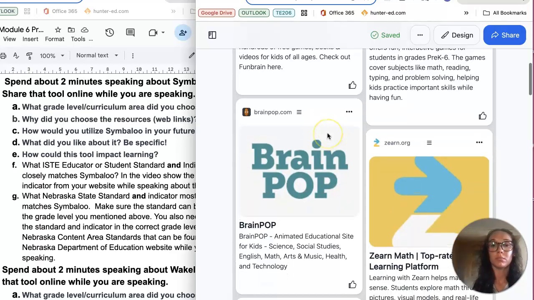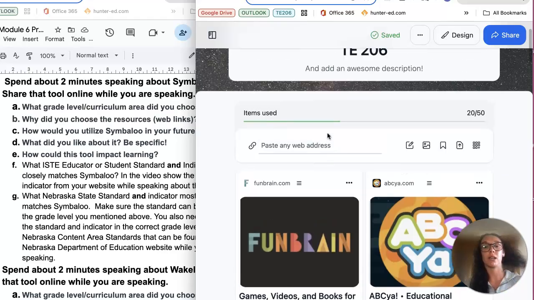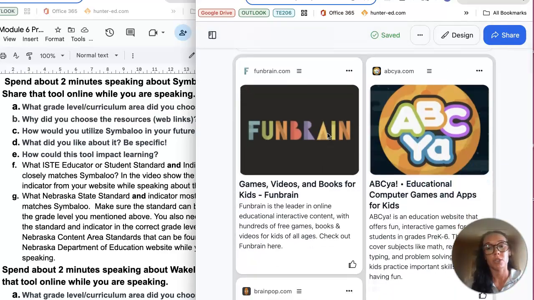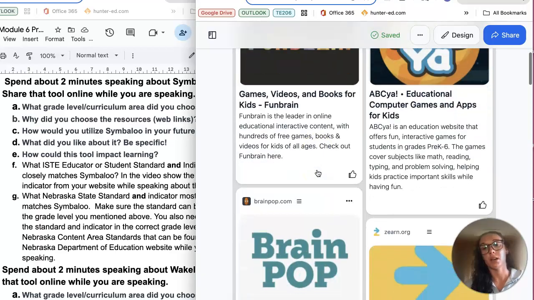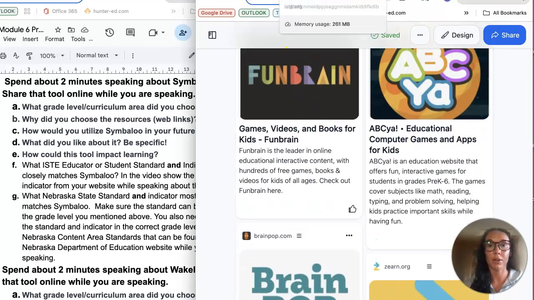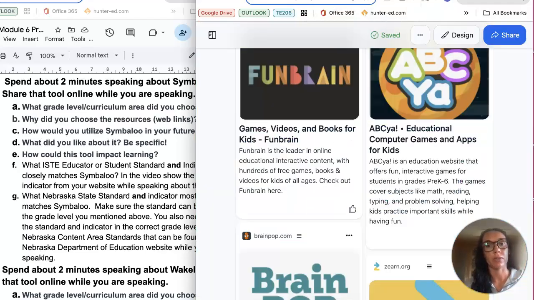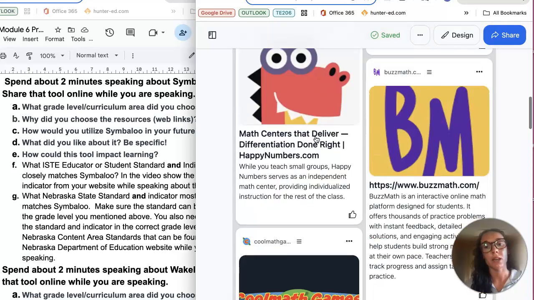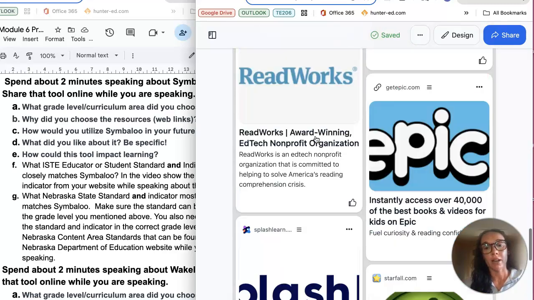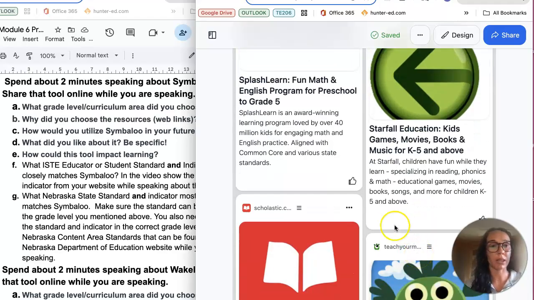The only major difference that I see is that Wakelet gives you a description of all of the resources. So if you were just looking at the Symbaloo, and you're like, oh, I don't know what this icon is, if you go to Wakelet and you see that icon, it will give you a short description, so I like that about it.